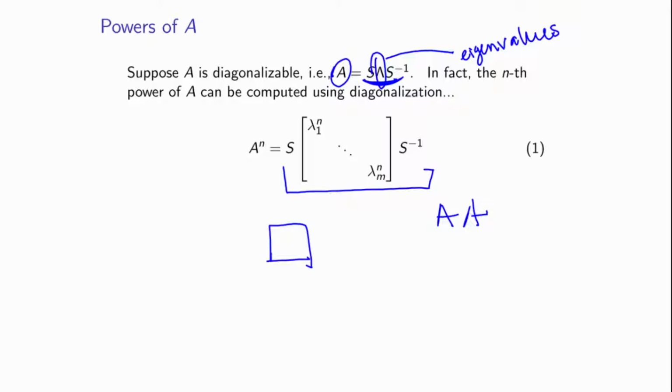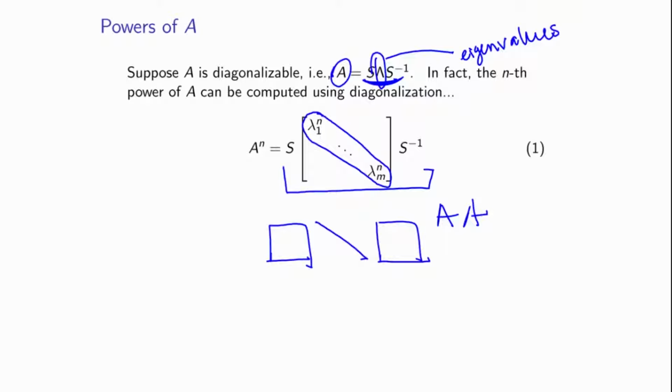The S matrix is square, there is a diagonal in the middle, and there is another square matrix, right? Importantly, this diagonal matrix stores the eigenvalues, but actually stores powers of the eigenvalues.